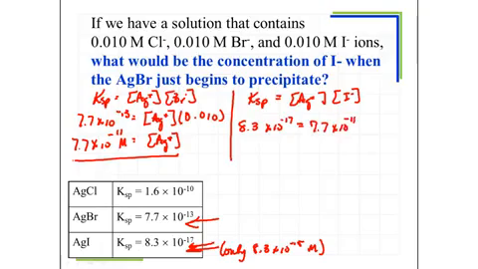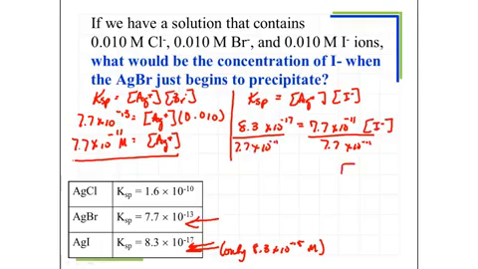That's when the silver bromide starts to precipitate. And we can see, well, how much iodide would be in there. So if we divide both sides by 7.7 times 10 to the minus 11, we will get an I minus concentration of 1.1 times 10 to the minus 4.